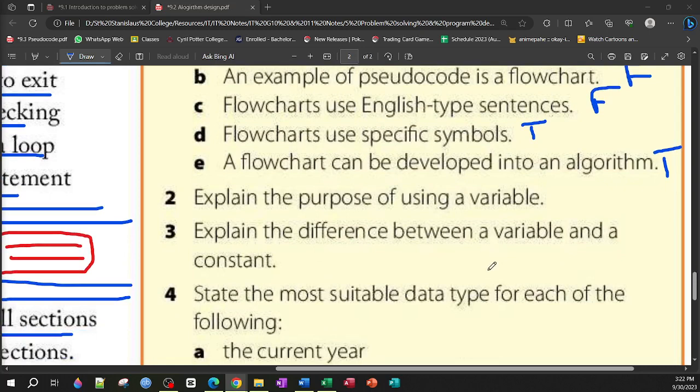Well, that answers the second question. Question 3: explain the difference between a variable and a constant. Anybody want to give an example, a scenario? We know the answer, but give an example for it. What example could we use for a variable and a constant?